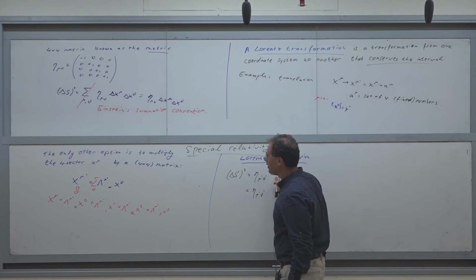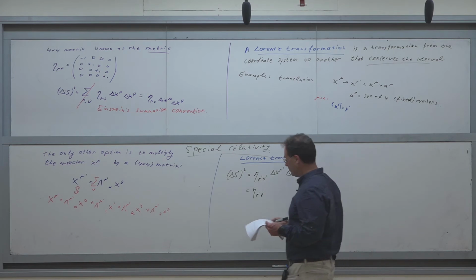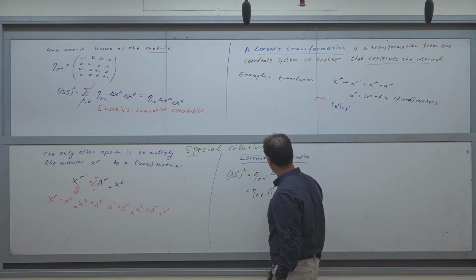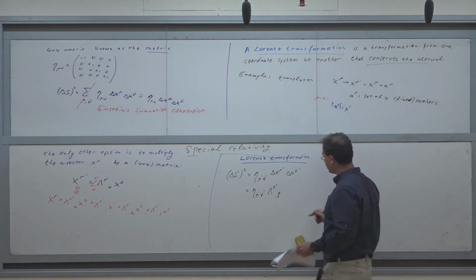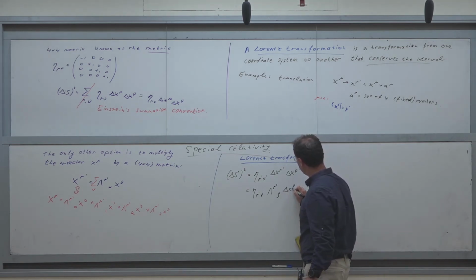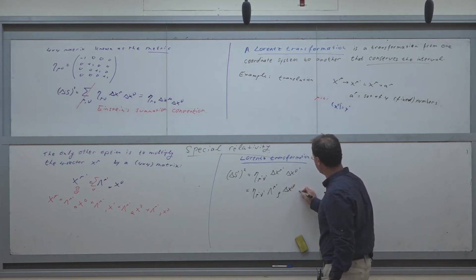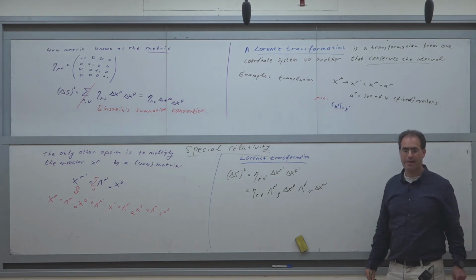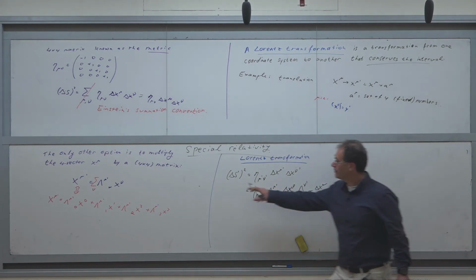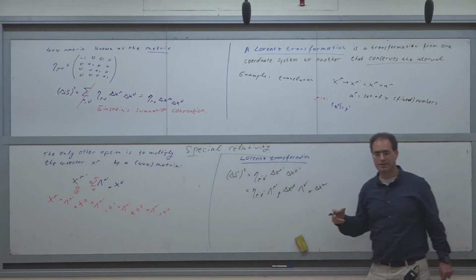Now delta x mu prime is equal to lambda mu prime, let's call it rho, delta x rho. And then delta x nu prime is just lambda nu prime sigma delta x sigma. Right? I'm just using the definition. We'll see about this unitarity and linearity in a second.